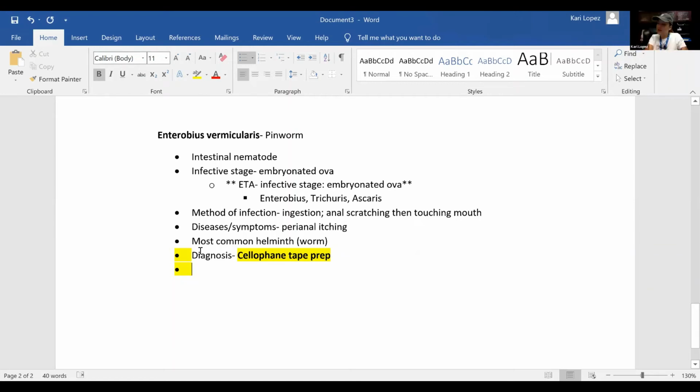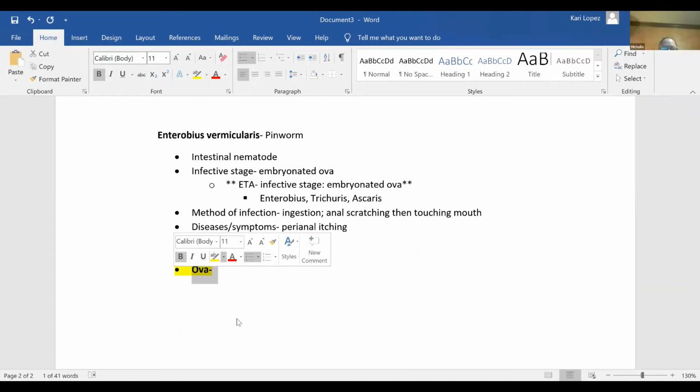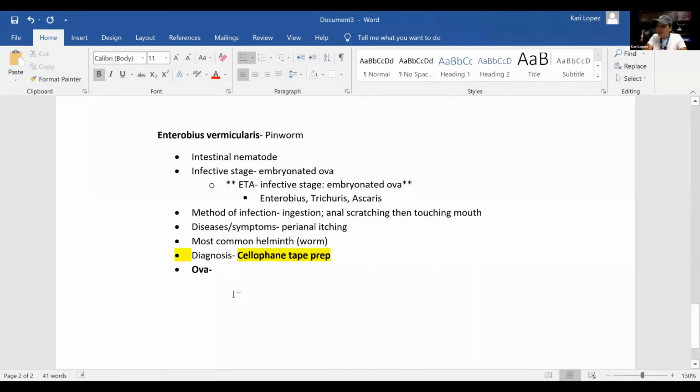And then for key identification characteristics, it's mostly just going to be the ova. Under your key identification characteristics, sometimes you'll have key characteristics of the worm, sometimes of the worm and the ova, sometimes an infertile versus fertile egg, sometimes a rhabditiform larva, sometimes a filariform larva.